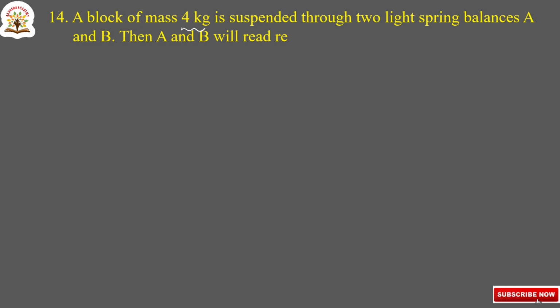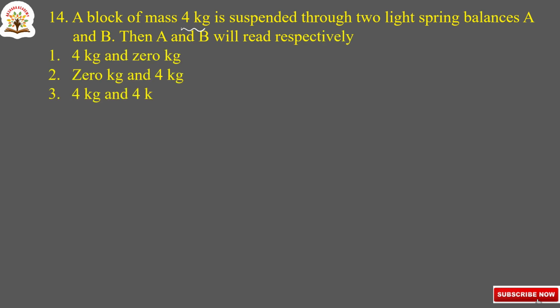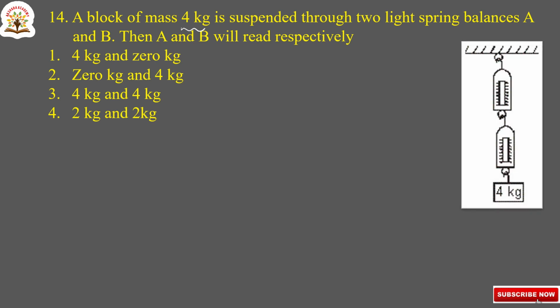A block of mass 4 kg is suspended through two light spring balances A and B. Then A and B will read respectively. Here they have given four options. As spring balances are massless, the reading shown by them is the same. Here two light spring balances A and B are suspended with the mass.